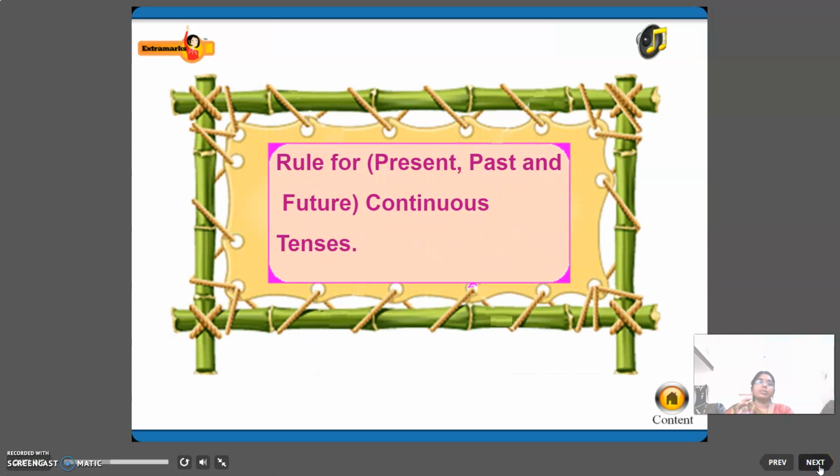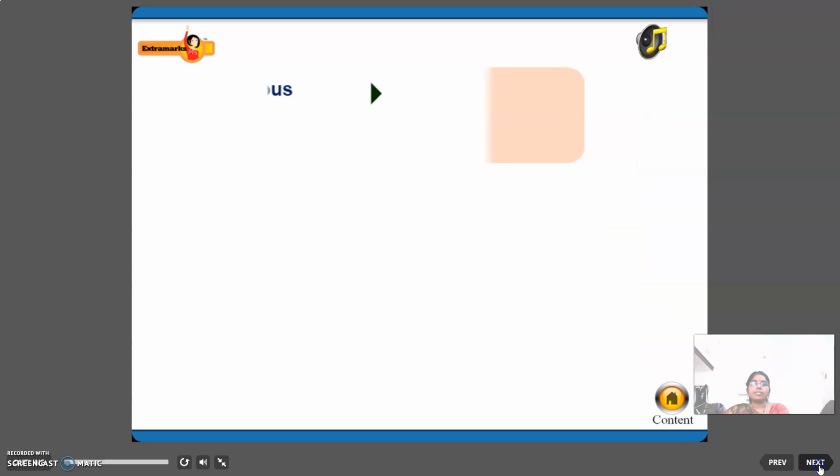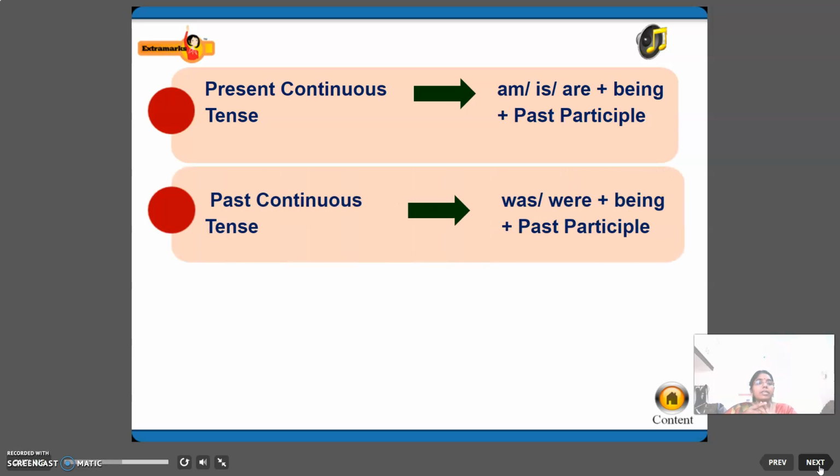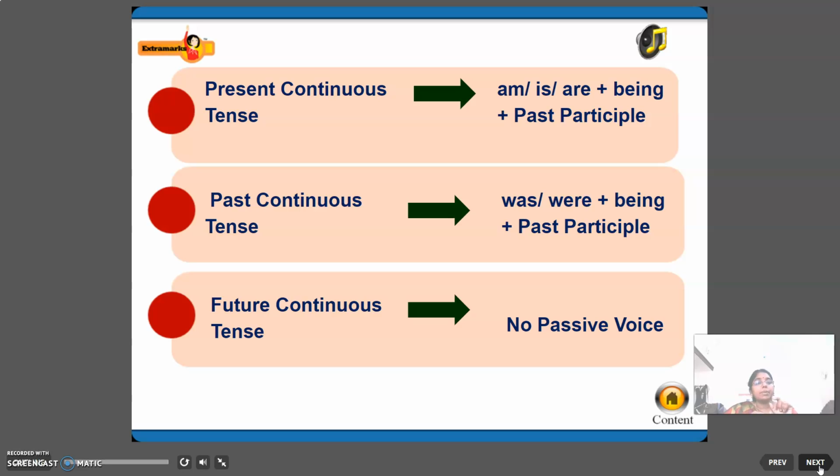So next are the rules that have to be followed for present, past and future continuous tenses. Okay, shall we? First is present continuous tense: am, is, are plus being plus past participle form. What we have to use is the auxiliary verb plus being. Next is past continuous. Past tense, you know, was and were plus being plus past participle.